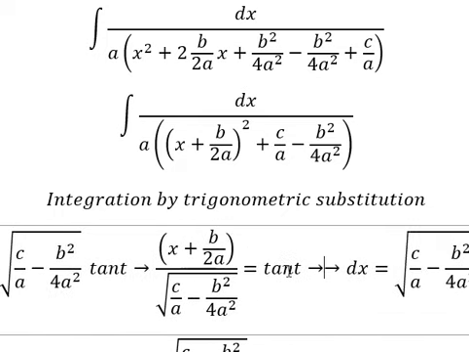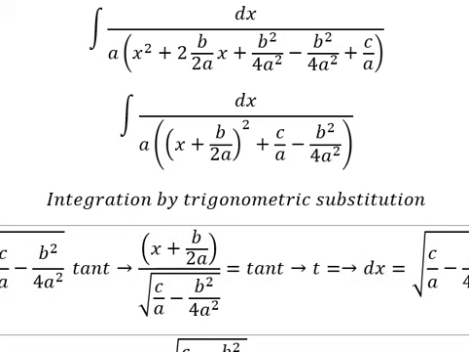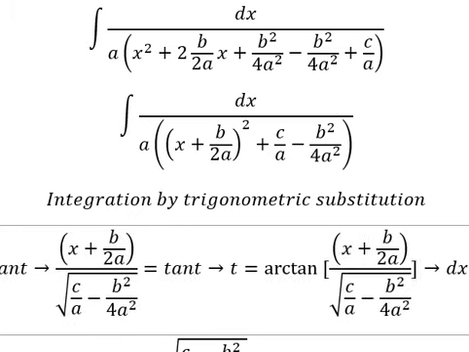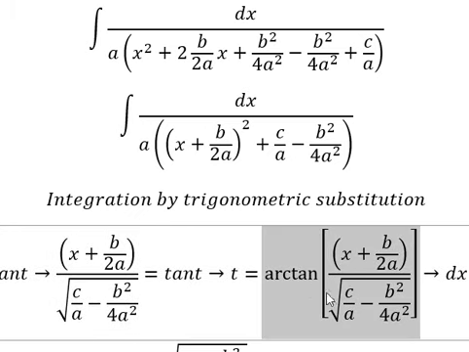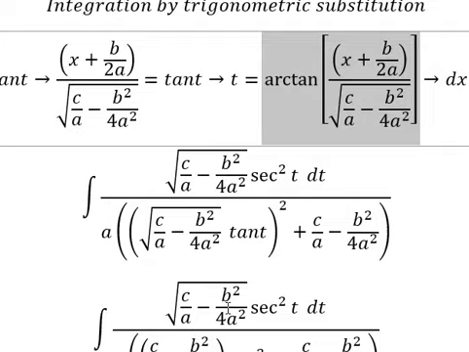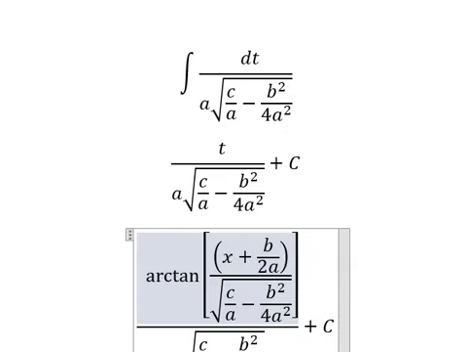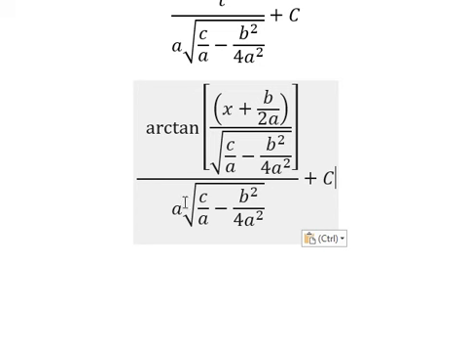And now we get t equals arctan of this one. So I will put this one to change for t. And this is the final answer. This is the end.